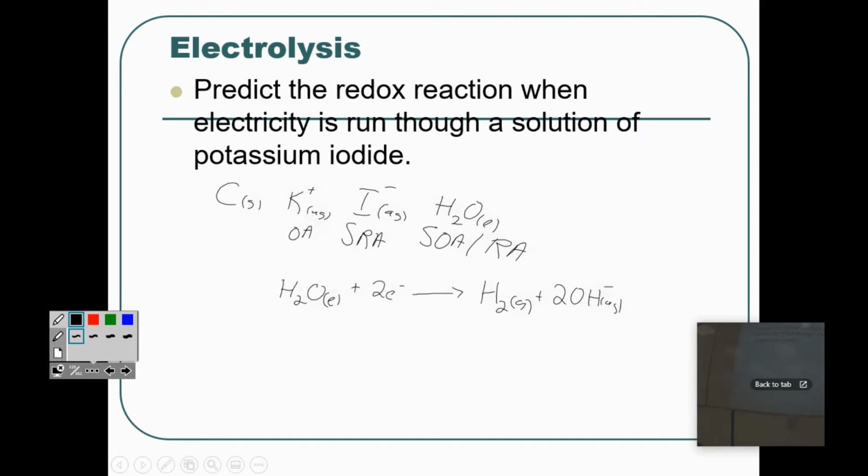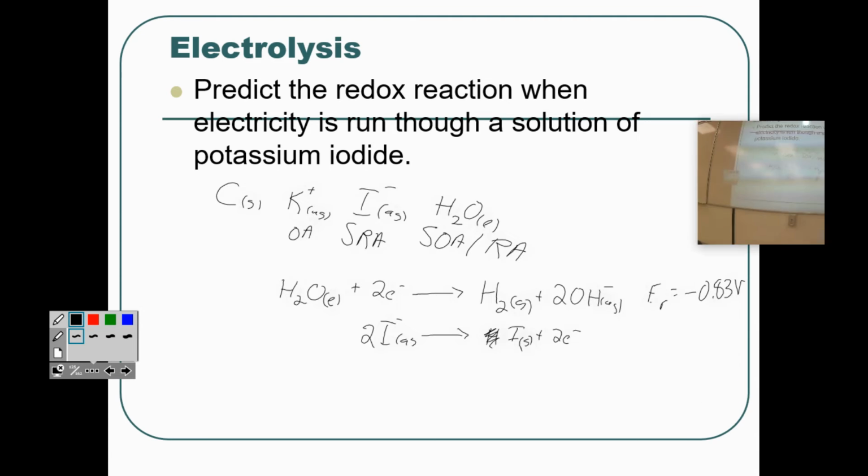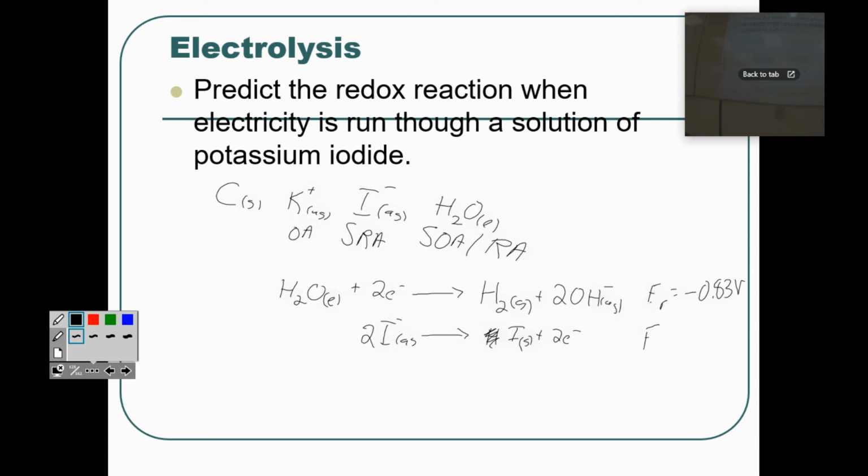And it has a reduction potential of negative what? 0.83. And then the iodine is going to be 2 iodide ions. It's going to give me iodine solid plus 2 electrons. And its reduction potential is positive 0.54.